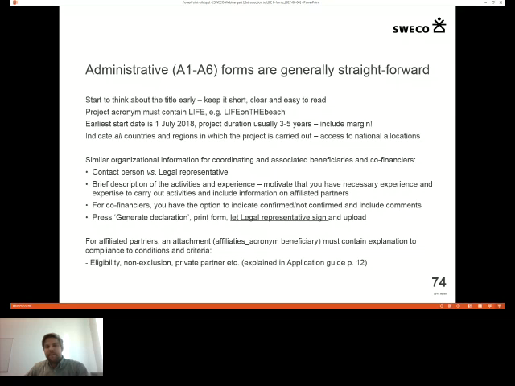For co-financiers, there is an additional option to indicate whether the co-financing is confirmed yet or not confirmed, and include some comments on that. For example, I know that you are provided with some extra financing from the Lithuanian government to carry out the LIFE project. They would then become the co-financier.